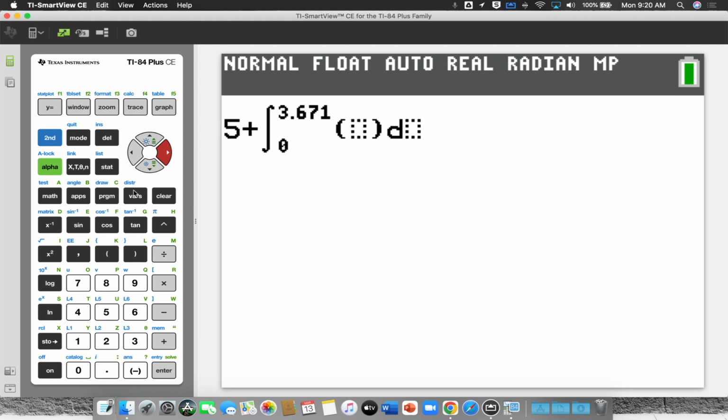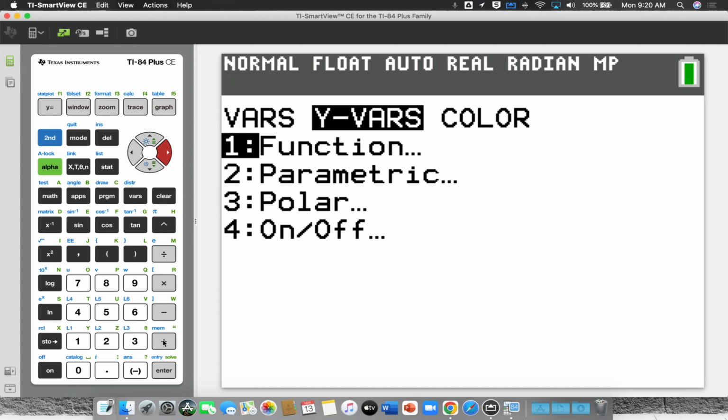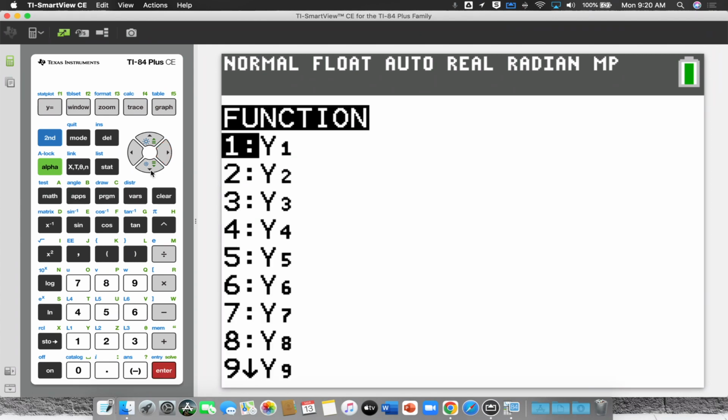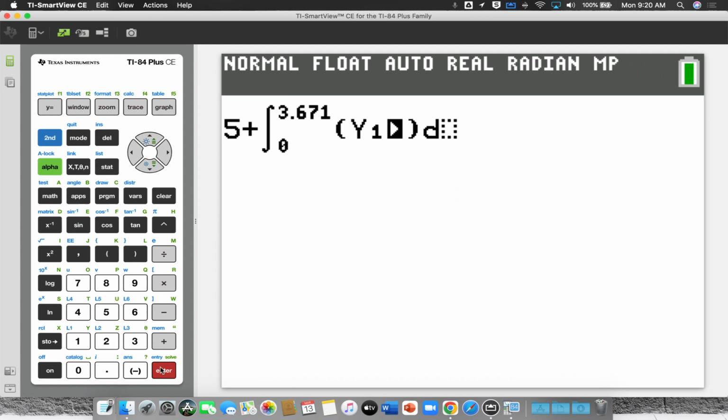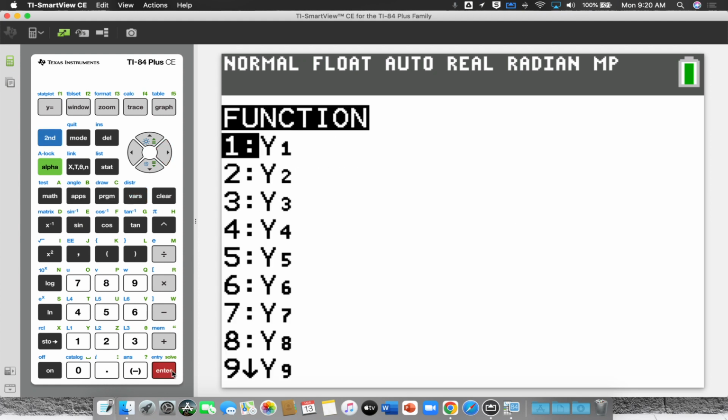And then to do the shortcut, you're going to go to vars, and then over to y vars, and then go to y1 minus y2. Again, you don't need this trick.